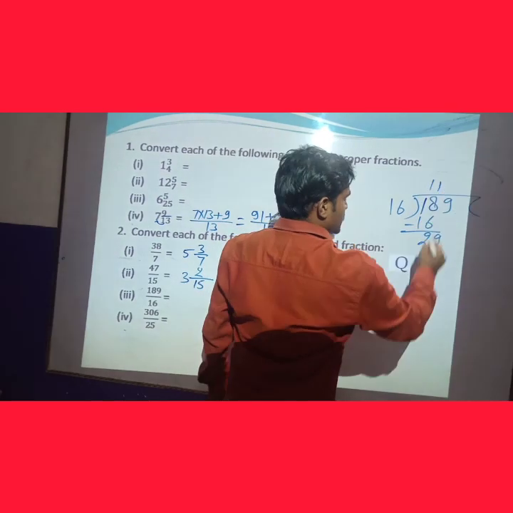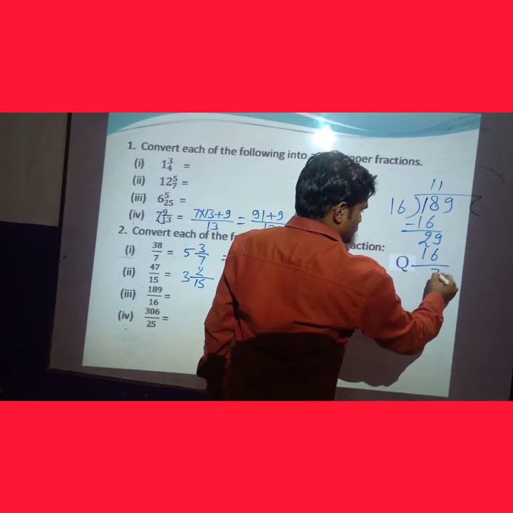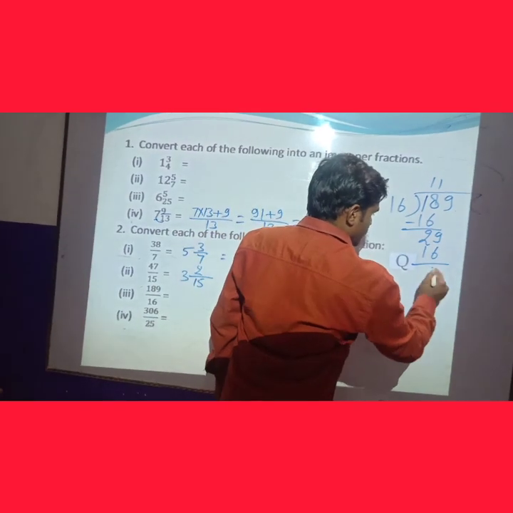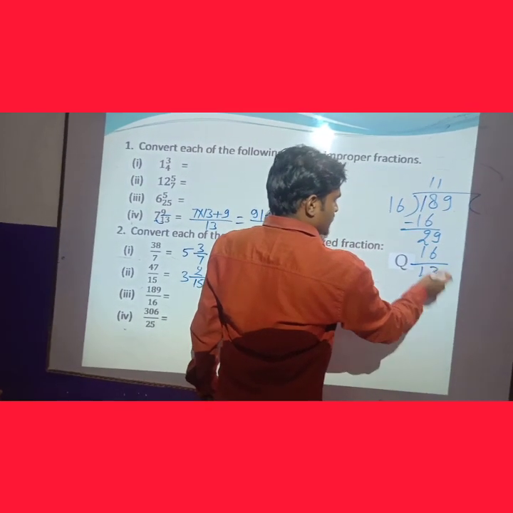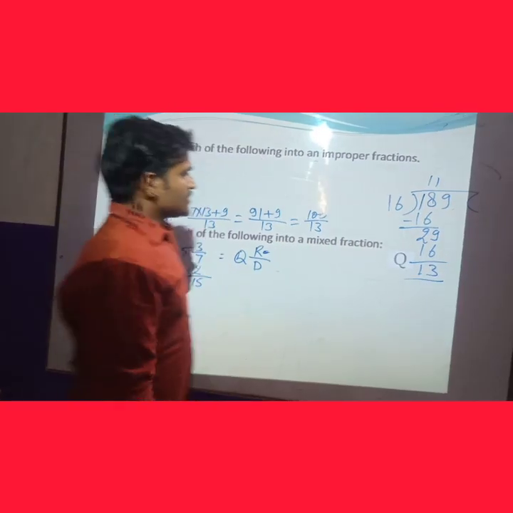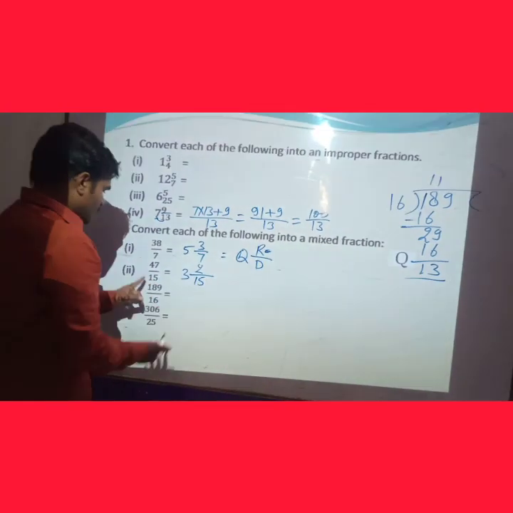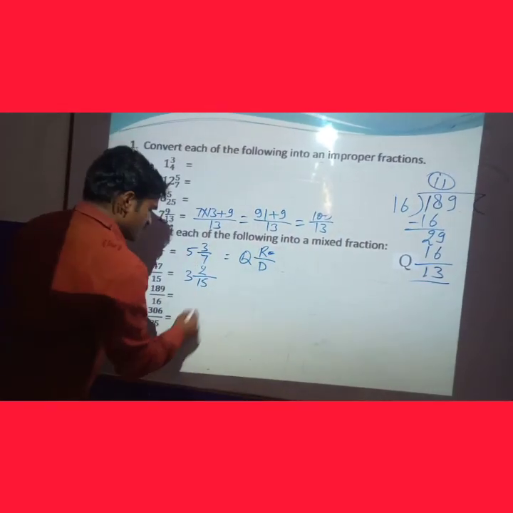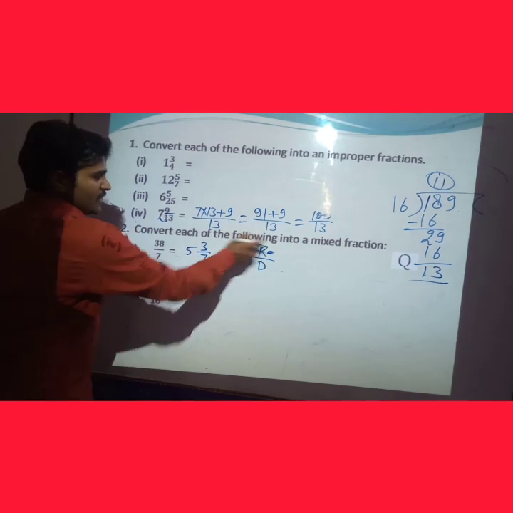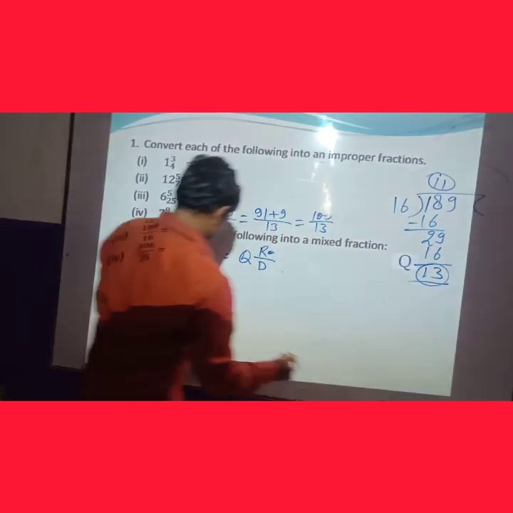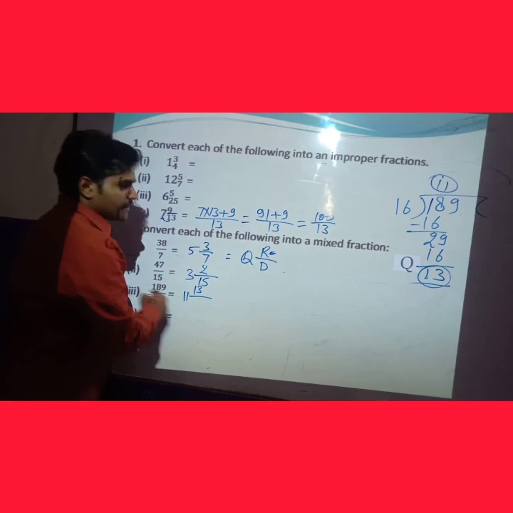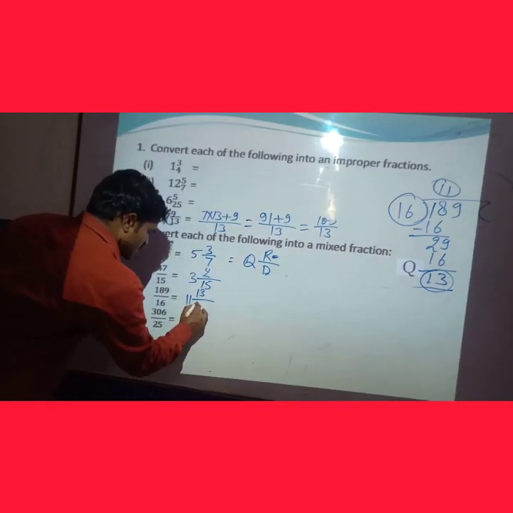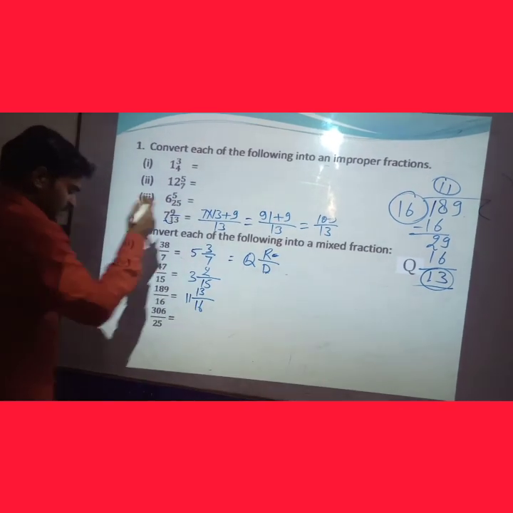So 16 1s are 16, and then 9 minus 6 is 3 and 2 minus 1 is 1, so 13 is the remainder. We have to convert it into a mixed fraction. The quotient is 11, so write 11, and the remainder 13 upon the divisor 16. So 11 complete 13 upon 16.